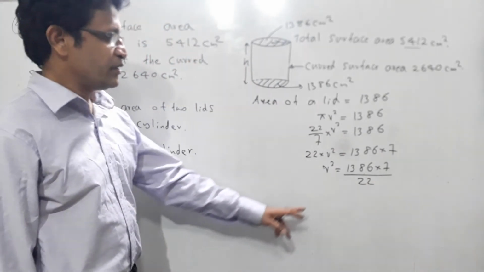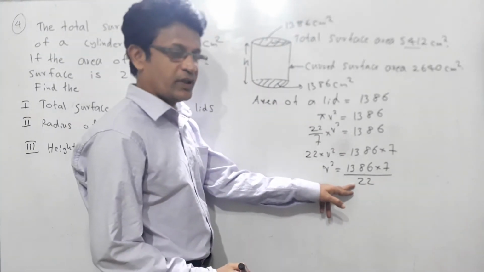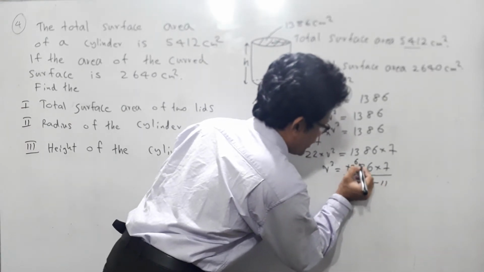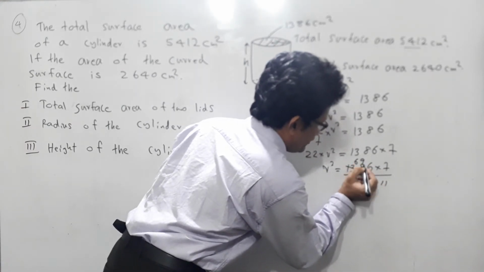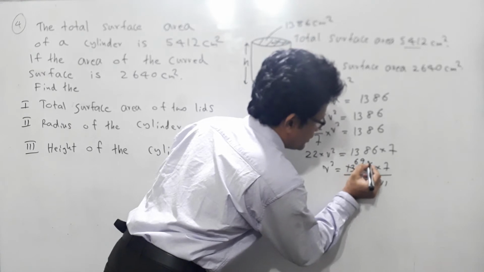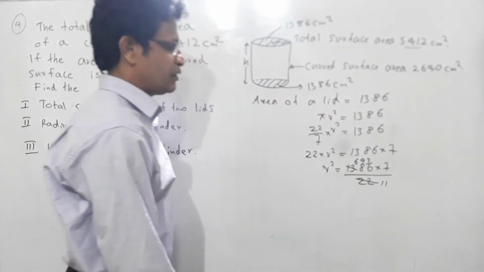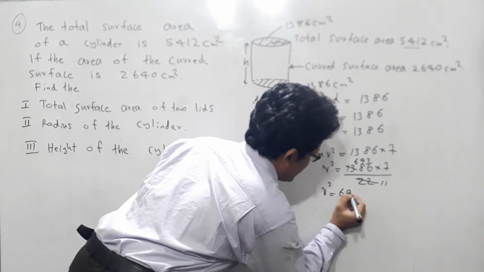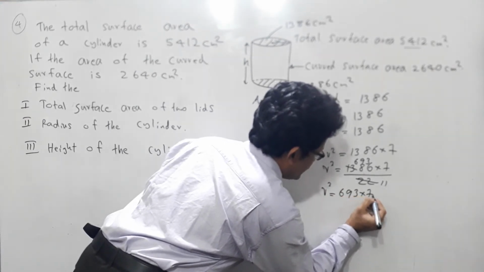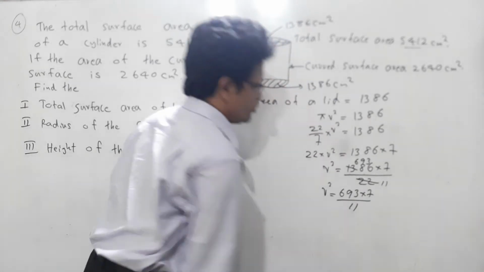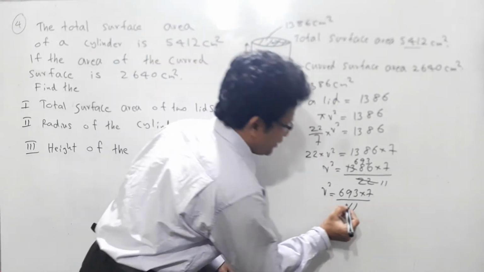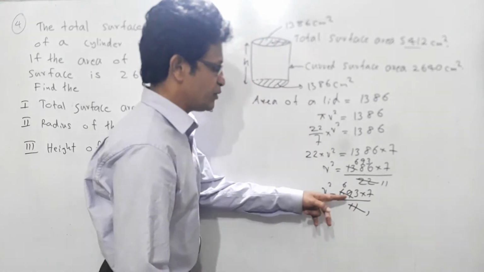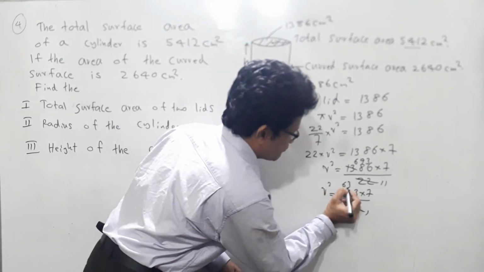Now we can divide by 2. 22 divided by 2 is 11. 1386 divided by 2 is 693. Now r squared equals 693 into 7 over 11. Now 11 and 69 you can divide, 11 1 is 11, 11 6 is 66, then 3 remain, 33, 3.